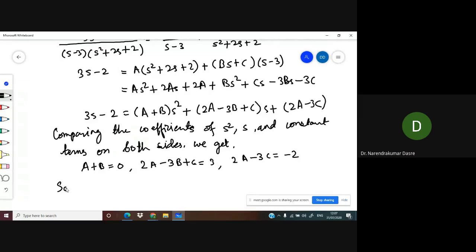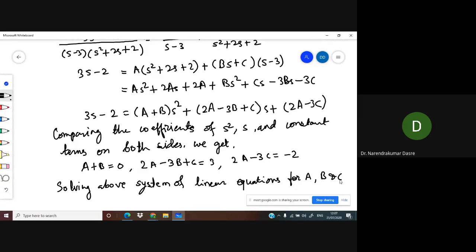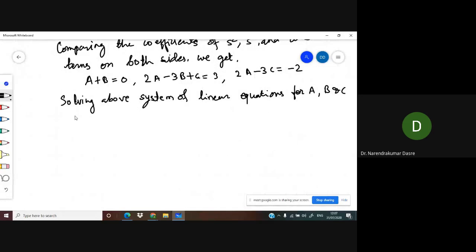So solving the above system of linear equations for A, B, and C, I want you to calculate A, B, and C.